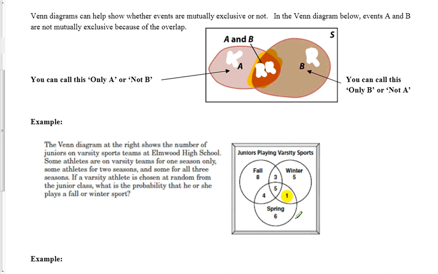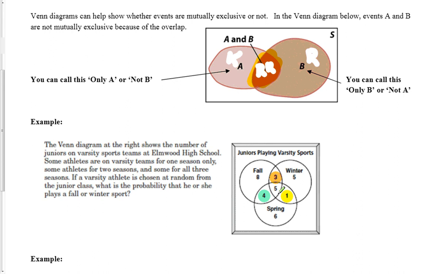We have one person who's spring and winter, 4 people who are fall and spring, and 3 people who are fall and winter. And you see that their number falls in the overlap between the fall, which is here, and the winter, which is there. So because it falls in between those two, it's only those two.